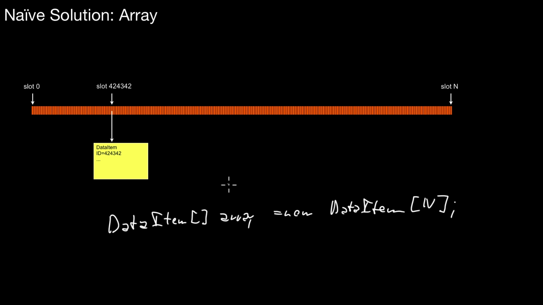That's it. Depending on the programming language, this might mean that this is an array of pointers to actual data item instances, or this is actually already the data. So let's assume we have pointers. This is an array of pointers. Each slot points to a specific data item.